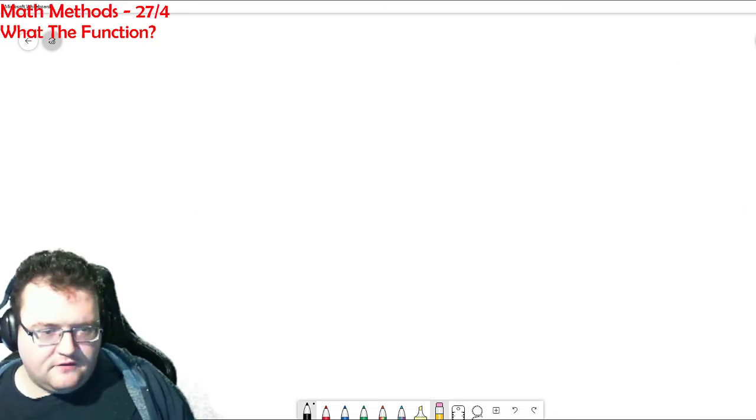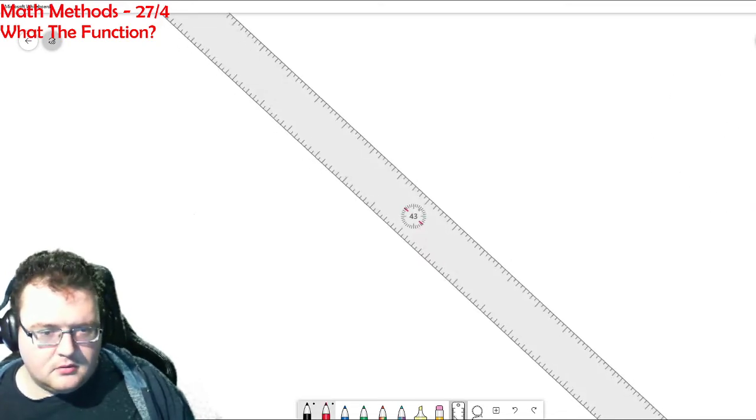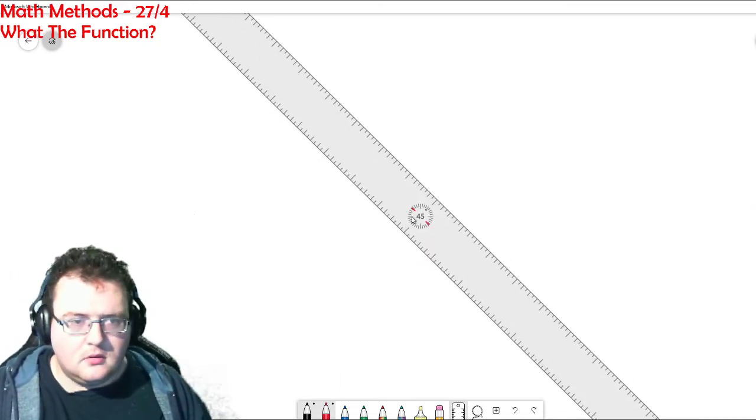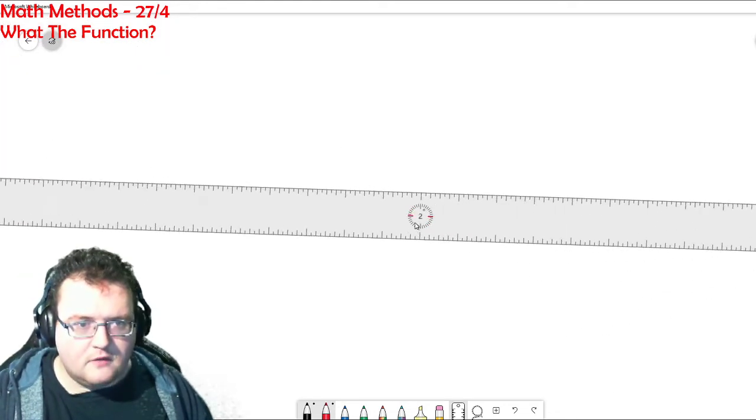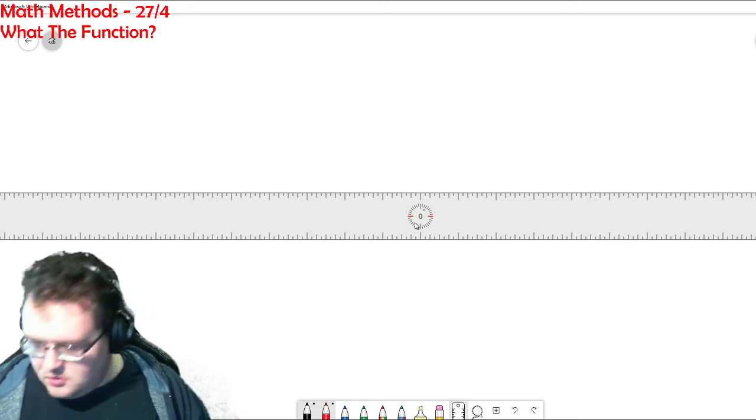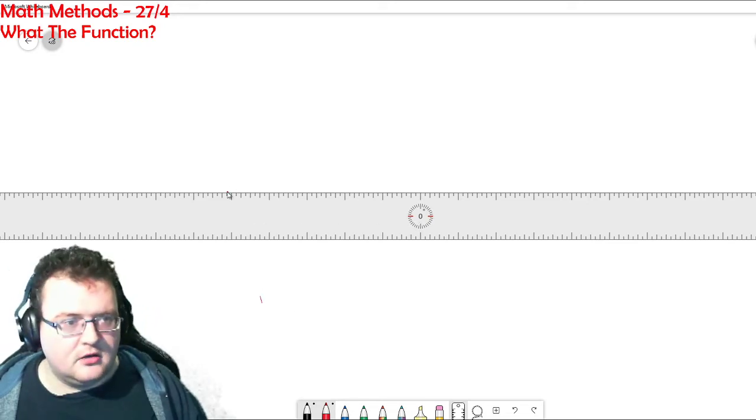So for example, if I draw up an axis here for you, try and do it properly.